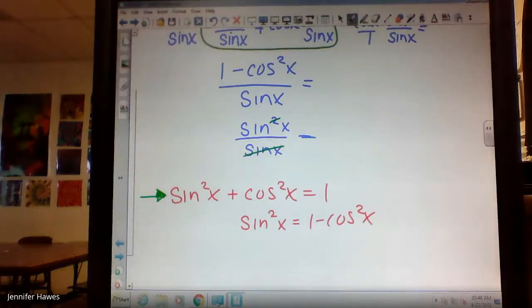So don't think on the Pythagorean theorem ones that it has to look like that. Or if I have cosine squared plus sine squared, it's the same thing. So don't be thinking that's just what it is. You can move some stuff.